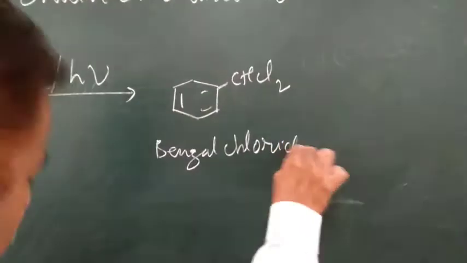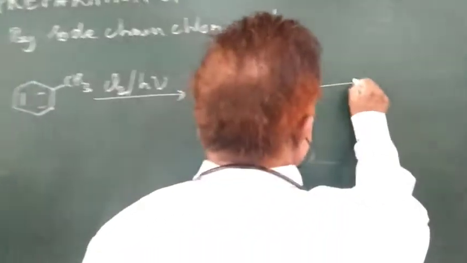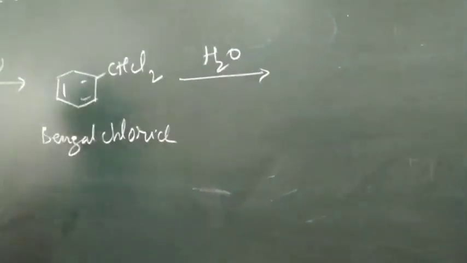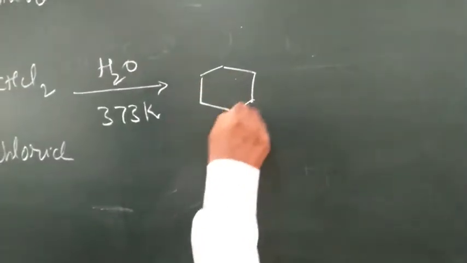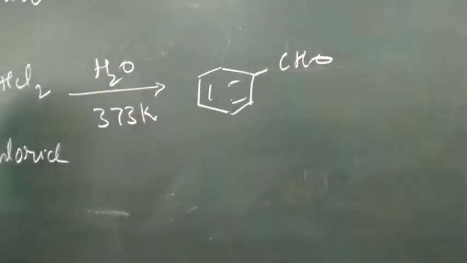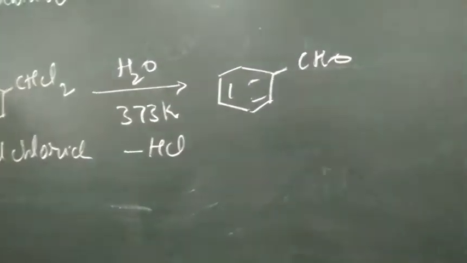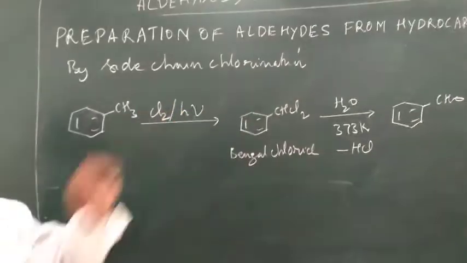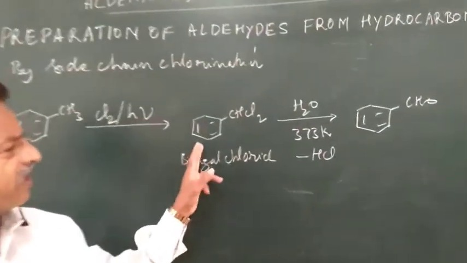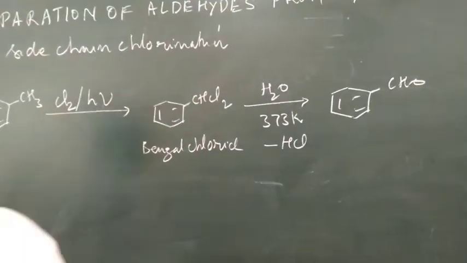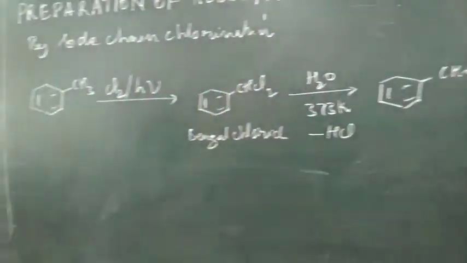This benzal chloride is treated with water, that is hydrolyzed at 373 K, and we get C6H5CHO. Of course here hydrogen chloride is removed. So by side chain chlorination, toluene is treated with chlorine in sunlight, we get benzal chloride, and on hydrolysis we get benzaldehyde, and hydrogen chloride is removed.